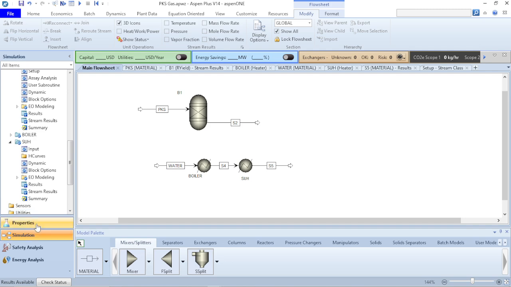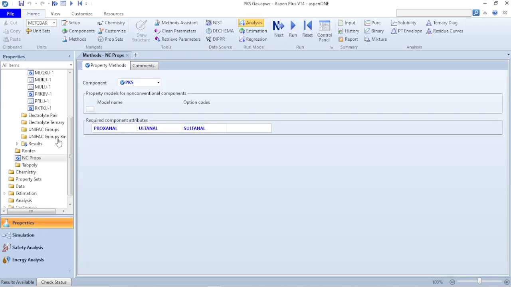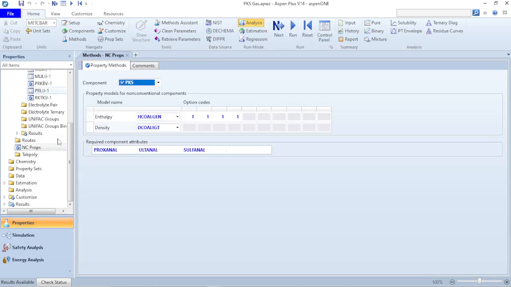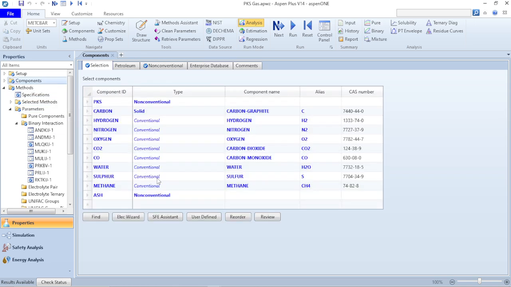From the last video, we were able to set up the properties of this particular simulation, where we selected the component, the fluid package, and then we specified the NC to help us analyze approximate and ultimate analysis, also sulfur analysis for the PKS and the ash.